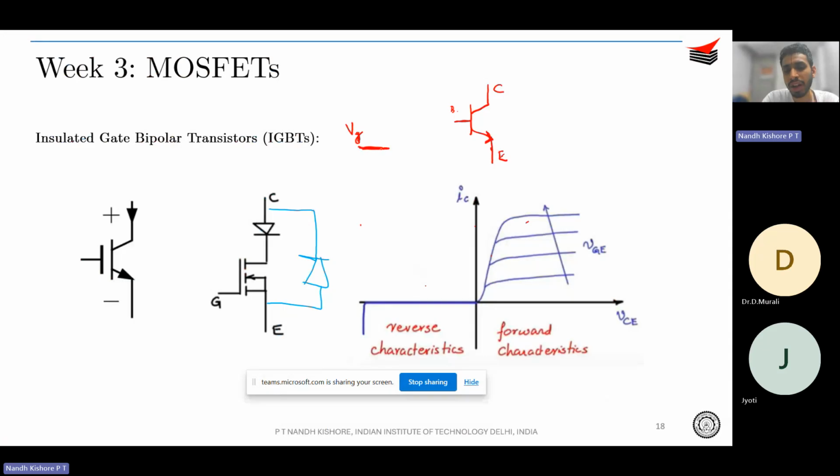What I can do is feed this pulse to a MOSFET. With a MOSFET, you know the gate is insulated, it is an isolated gate. Secondly, as I told you, MOSFETs require voltage source gate drivers, not current source gate drivers. So I will drive a MOSFET, and once I turn on this MOSFET, I will establish a current through this MOSFET to the base.